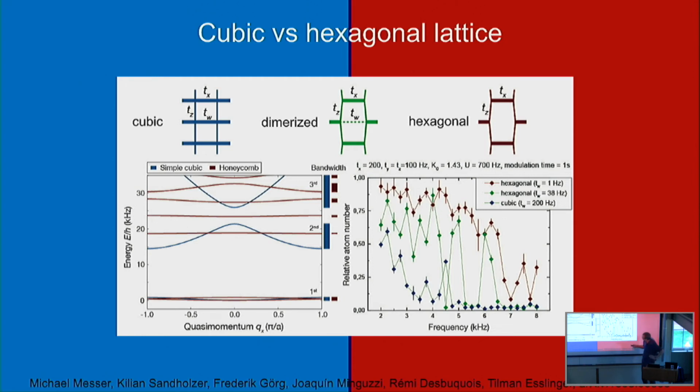The results show the relative atom number relative to the beginning, and we drive with a certain frequency for a modulation time of 1 second. So quite a while, so it's a good time. And here we see the hexagonal lattice. There we see that for a large frequency range, we see not too much loss.